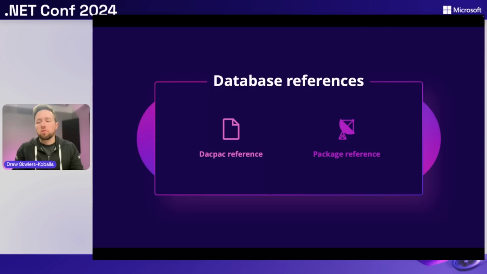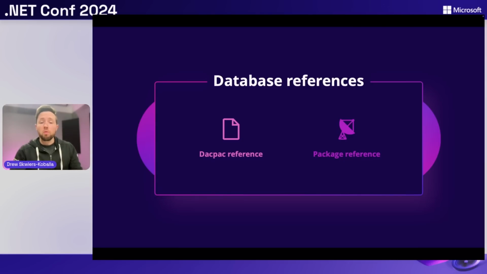The thing that we touched on just a moment ago with using package references to extend code analysis are also part of the improvements for database references overall with the Microsoft.Build.Sql SDK. Original SQL projects have the concept of database references already, and they're limited to DAC-pack references and project references.